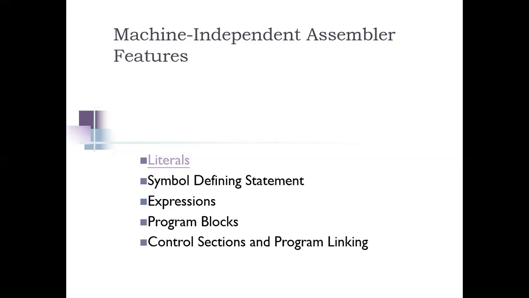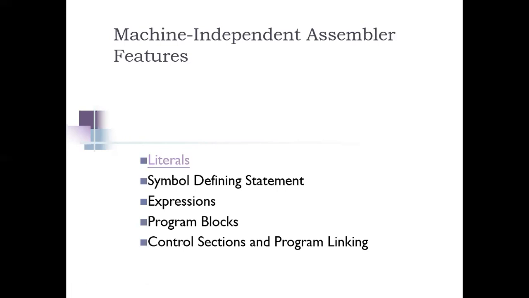Machine independent assemblers have some new concepts that are different from machine dependent ones. That is literals. We can define literals, we can create symbols and define them in the instructions, we can create expressions, and we can create program blocks. Instead of one complete program, we can divide our program into small blocks, and later we can also create control sections.